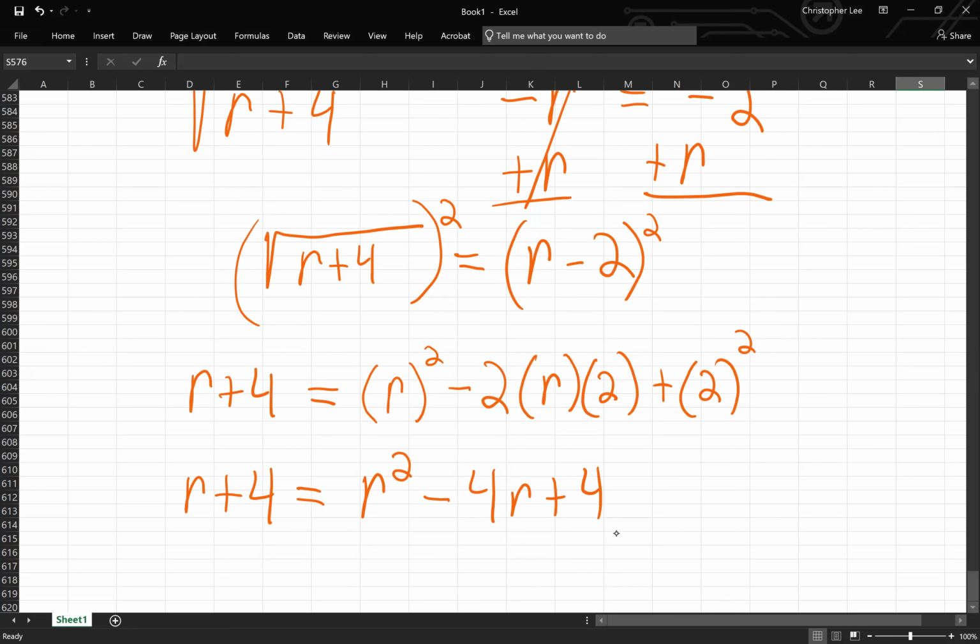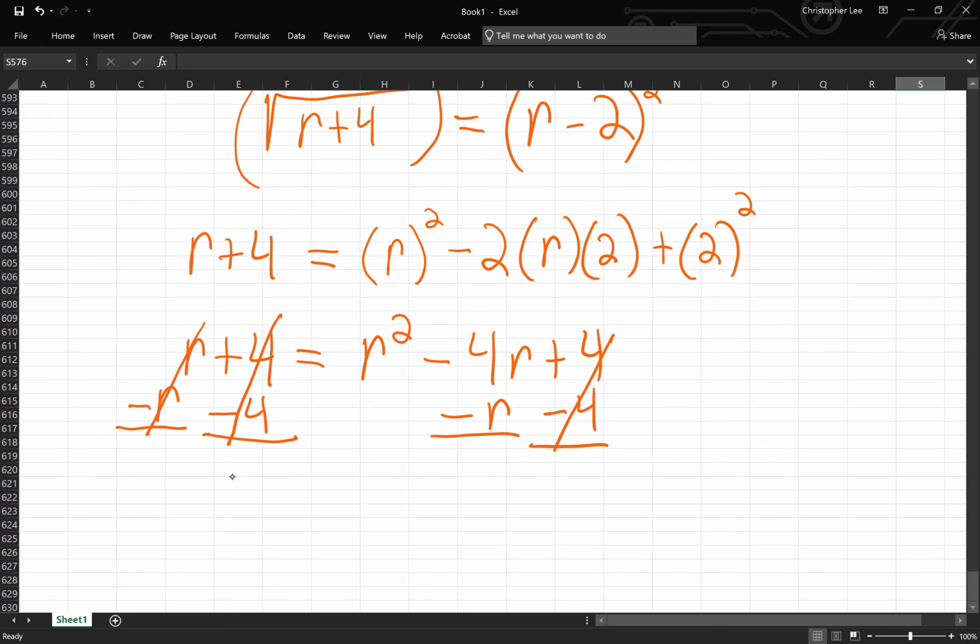After that, I want to get everything on the same side. So I'm going to subtract 4 from here. But what I do to one side of the equation, I have to do to the other side of the equation, right? And then I want to subtract r from here to get everything on the same side. So now what do I have? I have 0 is equal to r squared minus 5r.